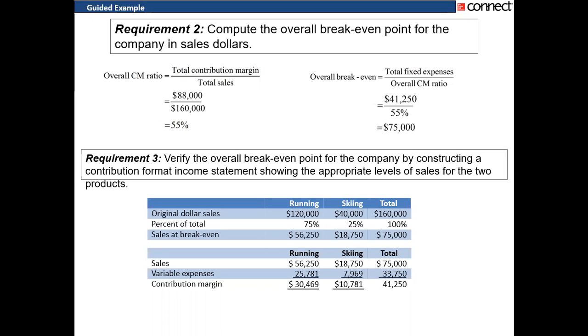Then when we subtract the fixed expense of 41,250 from the total contribution margin, we get the net operating income of 0. So this is the evidence that in break-even sales, we have the net operating income of 0.